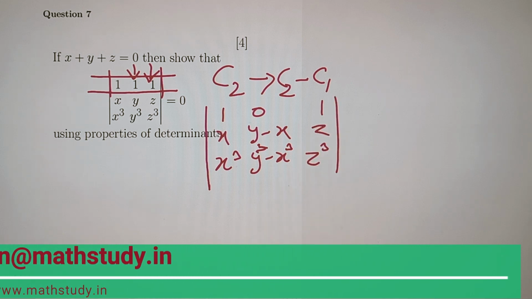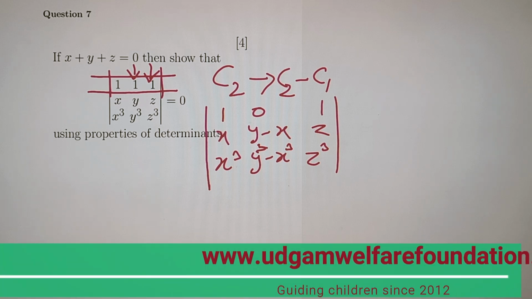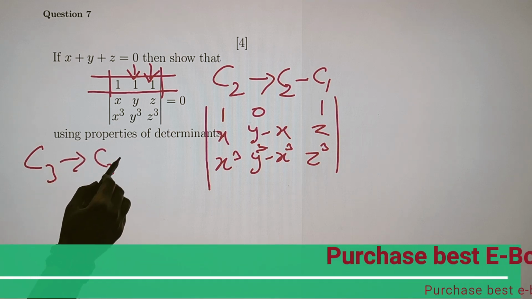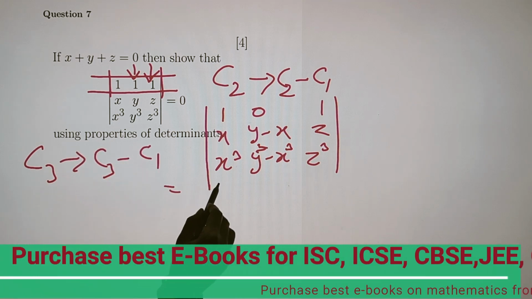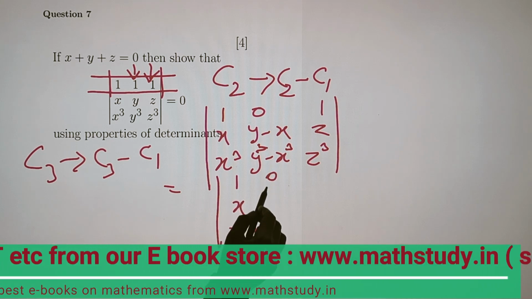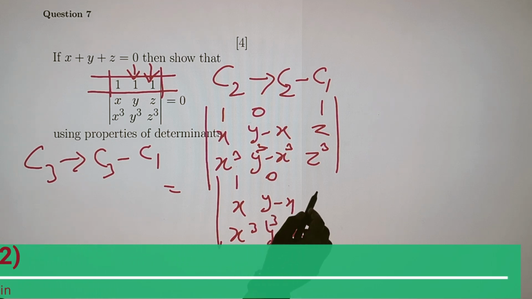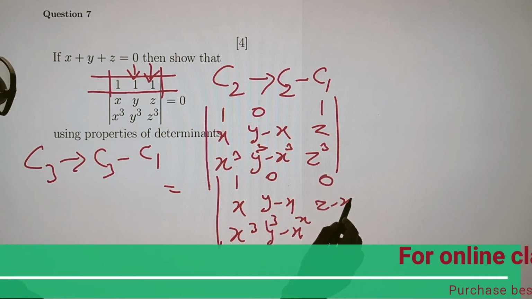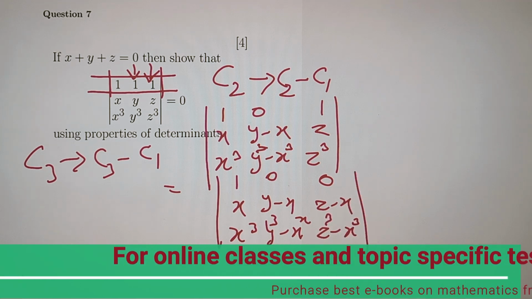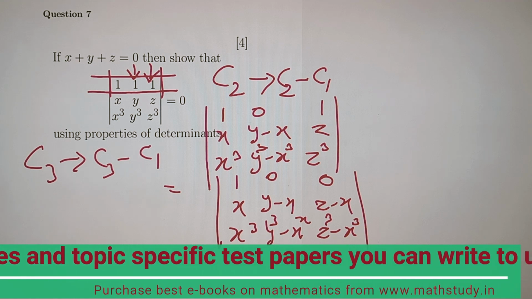Now again we can apply our operation on column number 3 here. What operation can we apply? C3 minus C1. So we will be getting our determinant like this: 1, x, x cube, 0, y minus x, y cube minus x cube, and again 0, z minus x, z cube minus x cube. So I think the question is clear till this point.